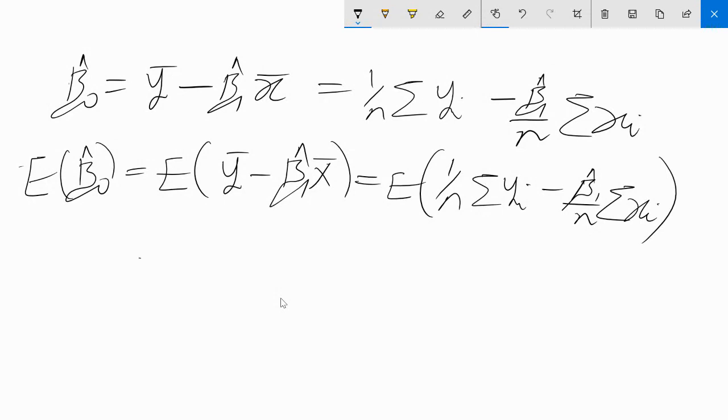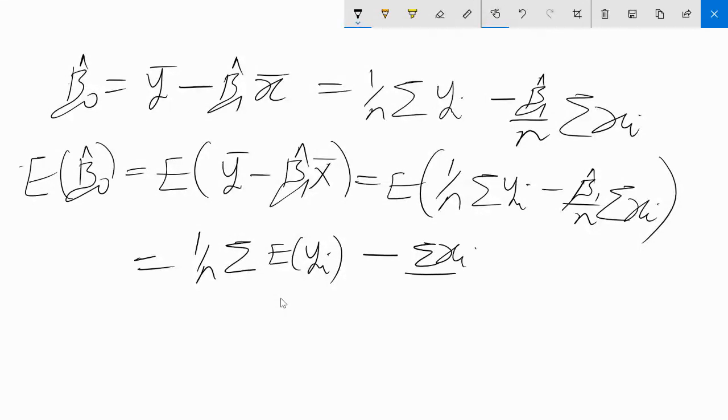We know the values of xi's, so the xi's are constant in this case. So we're going to have 1 over n summation of the expected value of yi minus, since this is constant as I've indicated, the expected value of beta 1 hat.